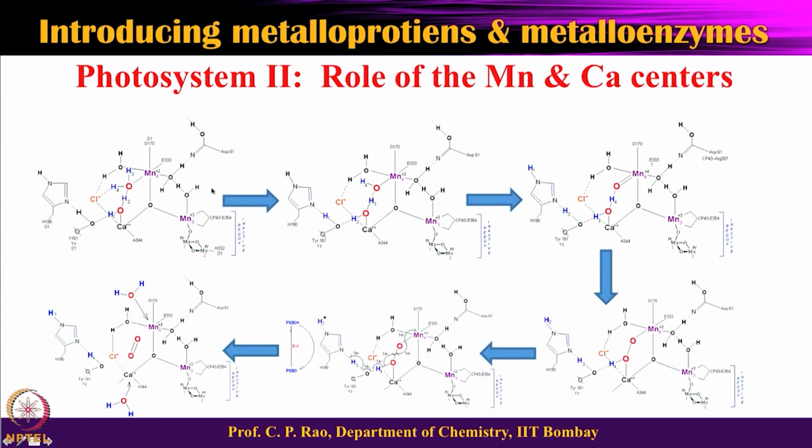So, though there are 4 manganese, it is only one manganese ion which is directly involved in binding to water and converting it into peroxide, and then to O2. All other manganese are important in the electron transfer funnel.